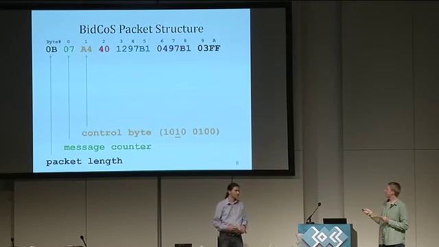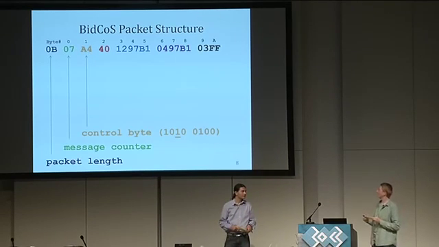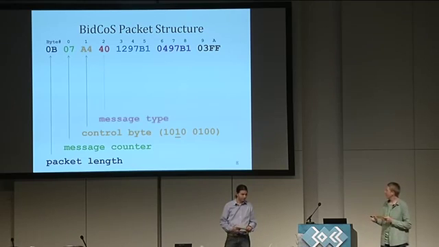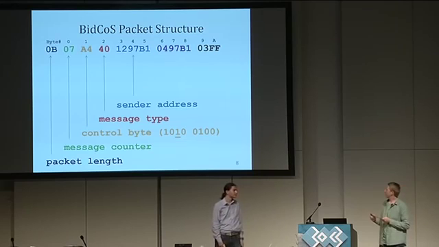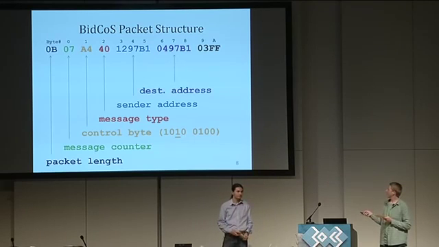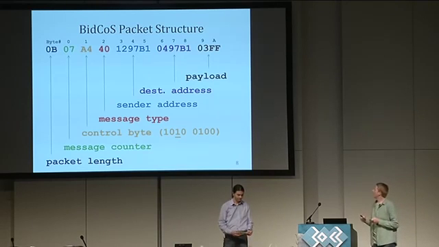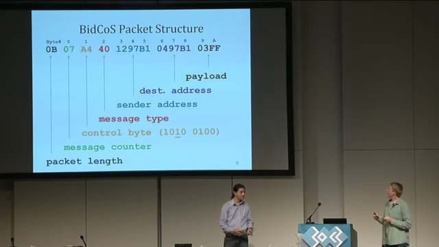This bit, for example, means that there is a response expected to this packet. Byte 2 is the type of the message. Bytes 3 to 5 are the sender address, 6 to 8 the destination address, and after that the payload. There is one special destination address, 3 bytes of 0, which is the broadcast address.